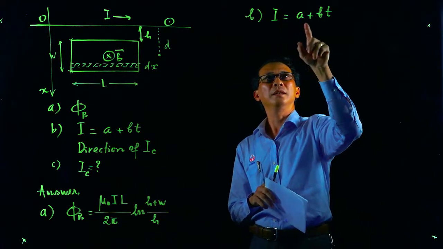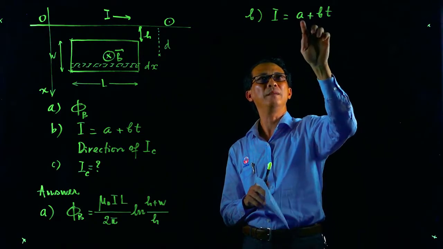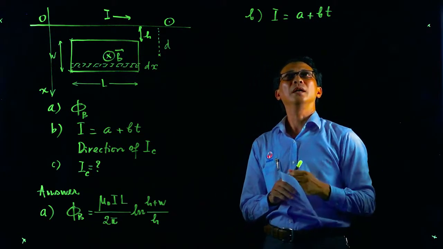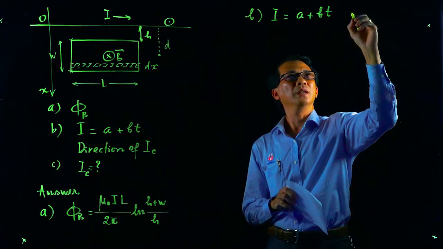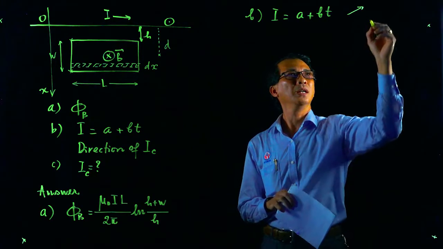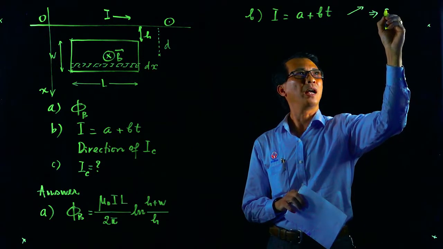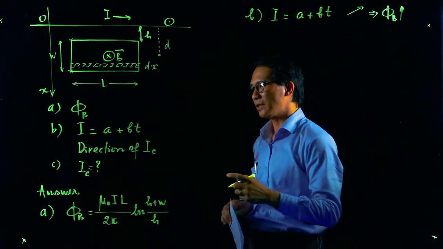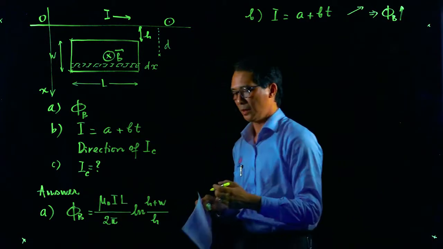You see that over time, with a and b constant and b positive, I will be bigger with time. So the result of that is that B will increase, or the phi B increases.